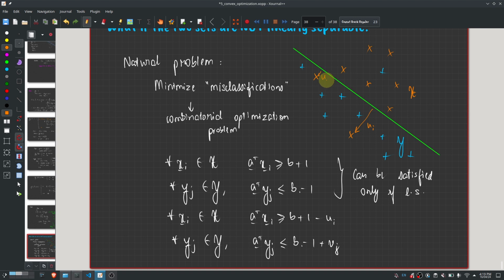And similarly this would be vj. The right way of interpreting these ui's and vj's is how far away they are from being classified correctly. So we're not just counting the number of misclassifications, but doing something slightly better: we're counting how far away a point is from being classified properly.